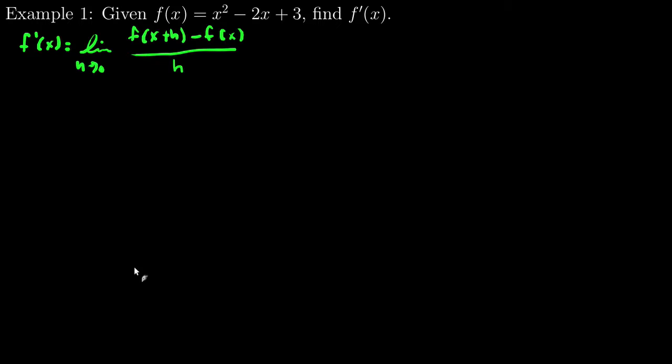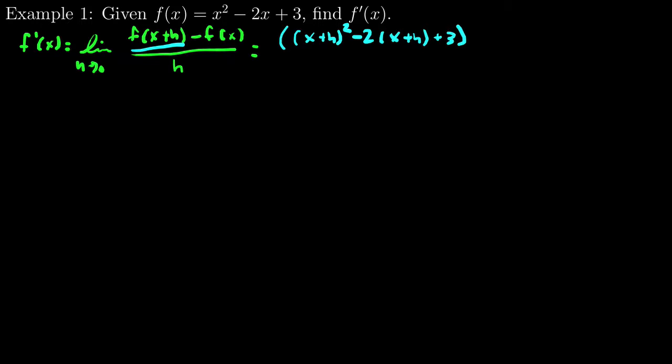Now I'm going to try to fit this all in here. These problems can sort of whir out of control, but I should have enough space to finish this off. So that's going to equal, I put x plus h into here, so f of x plus h, I will have x plus h quantity squared minus 2 times x plus h plus 3.